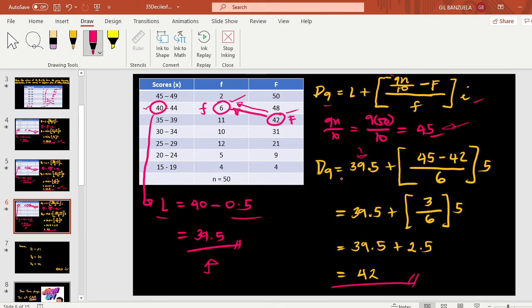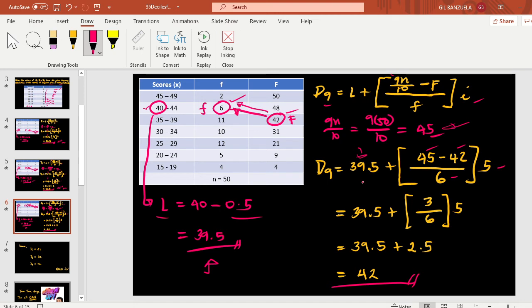So d sub 9 equals 39.5 plus the value of kn over 10, that is equal to 45, and the cumulative frequency in this case is 42, to be divided by the frequency where the lower limit is located, which is 6, multiplied to the class interval 5.